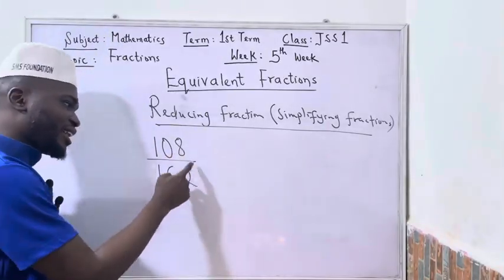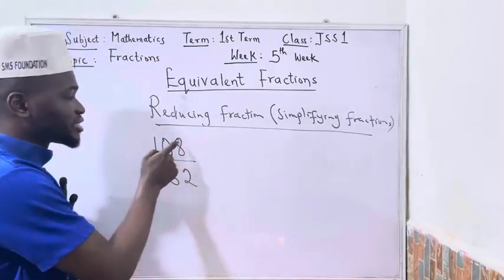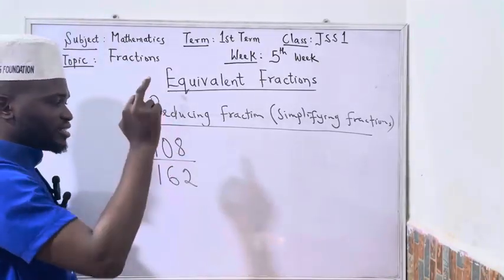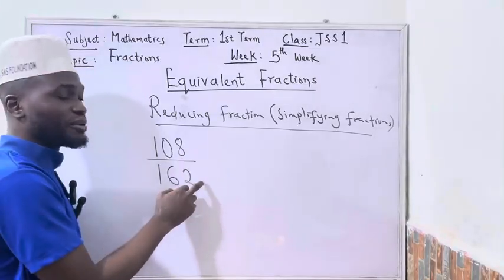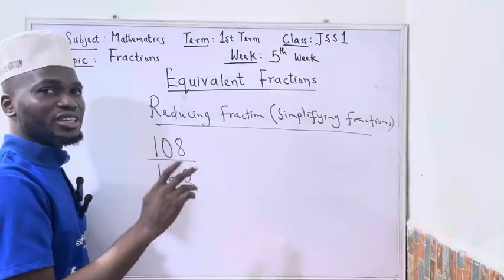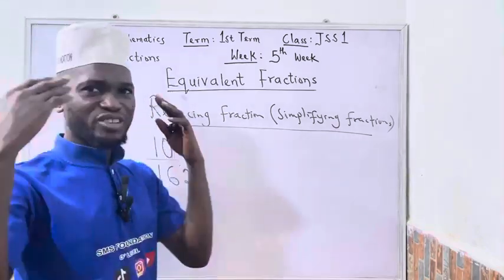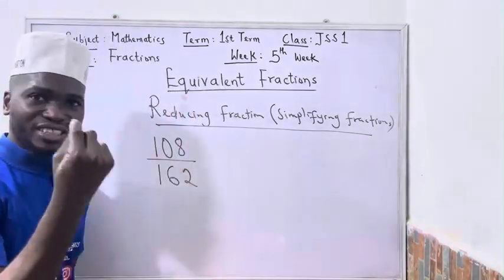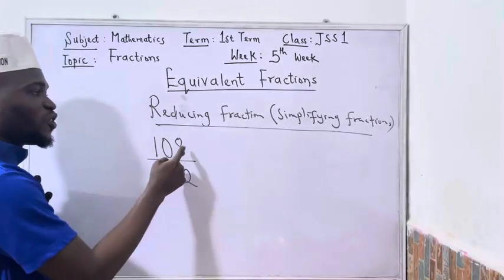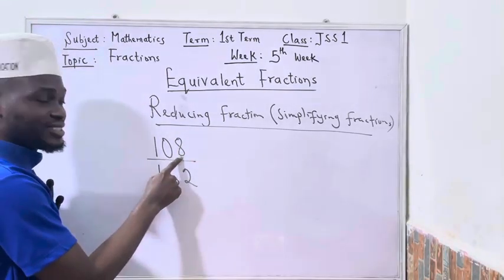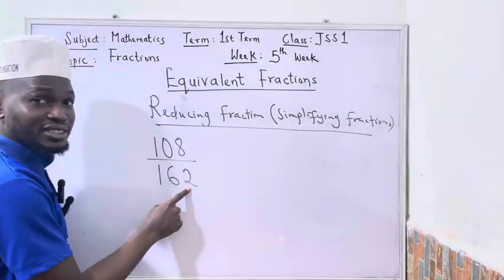So it is clear that many numbers can divide both of them. You choose the same number that will divide this, that same number must divide this. There are so many numbers that can work, but you don't have time to be thinking about that. Just start small. Of course, it's clear that 2 can divide both of them because the last digit here is even and the last digit is even.